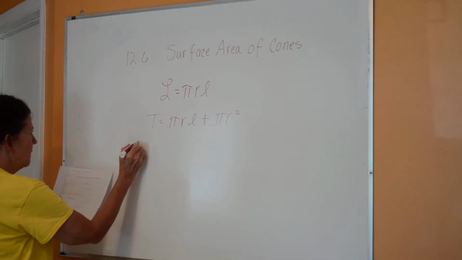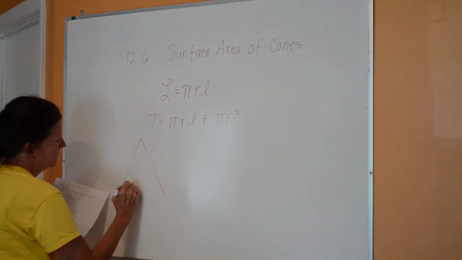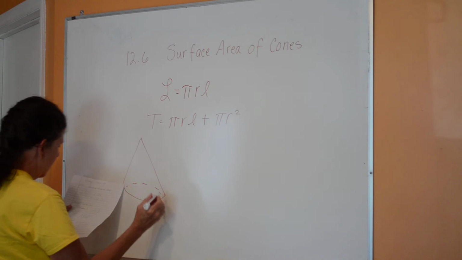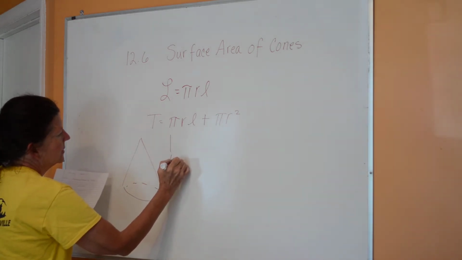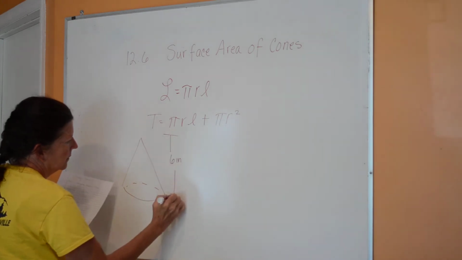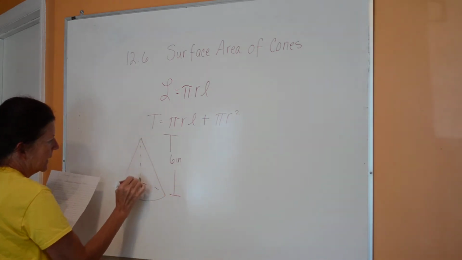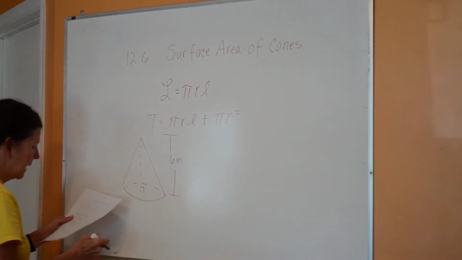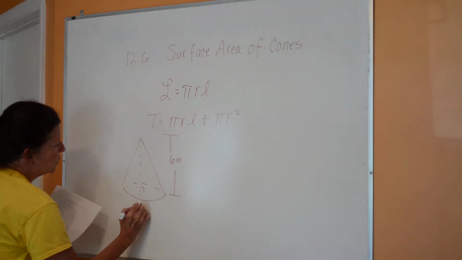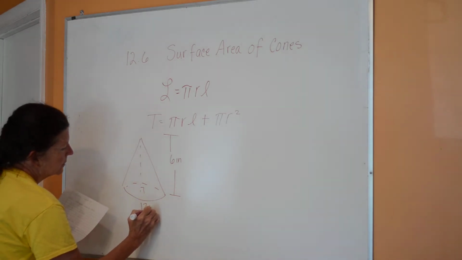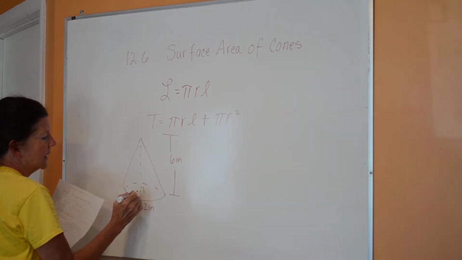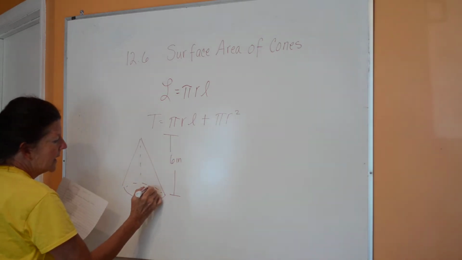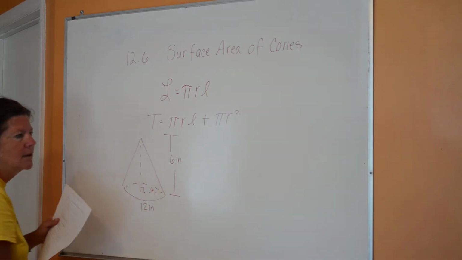So let's say I have this cone, and they tell me that it's 6 inches high. So I could say that that's the perpendicular line down. And then it tells me that it's 12 inches across. Now L is going to stand for slant height, so the radius is 6 right here, but I don't have the slant height.